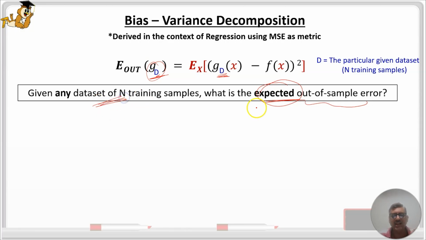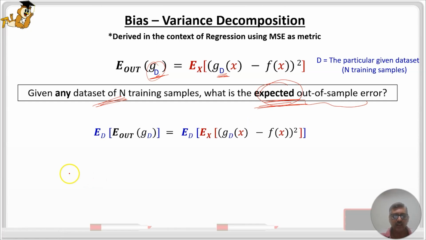The data set is the random variable, and therefore now we are talking in probabilistic terms, in terms of expected values. That is what I am saying. This question is important for us to nail down how well the hypothesis set and the learning algorithm are working together.